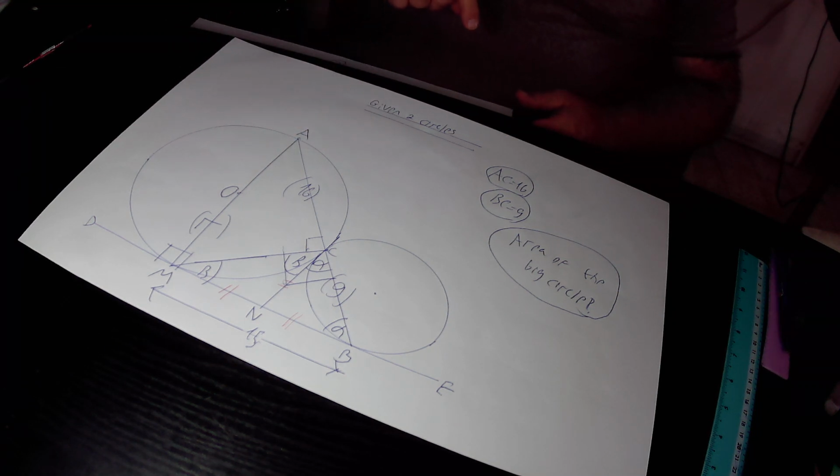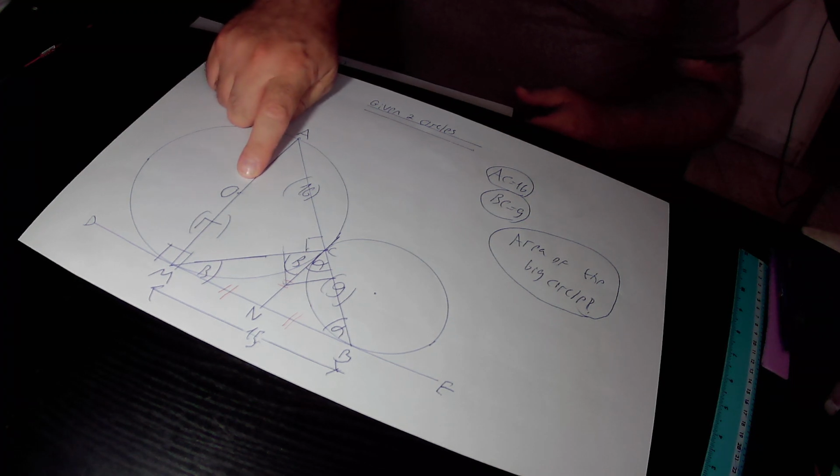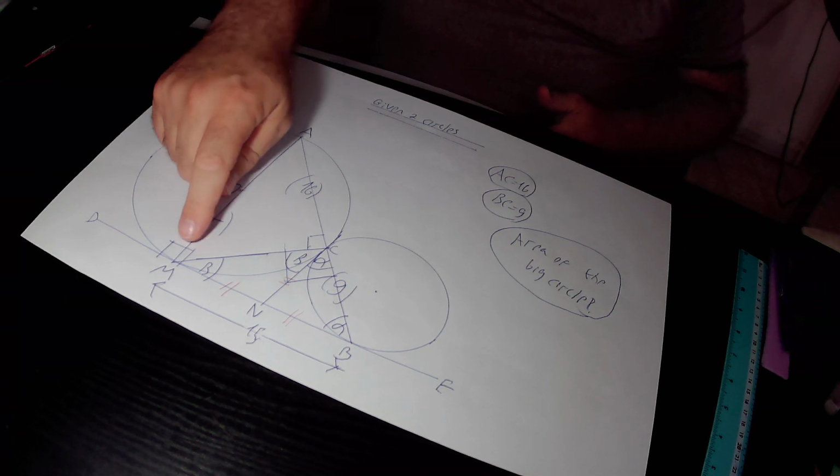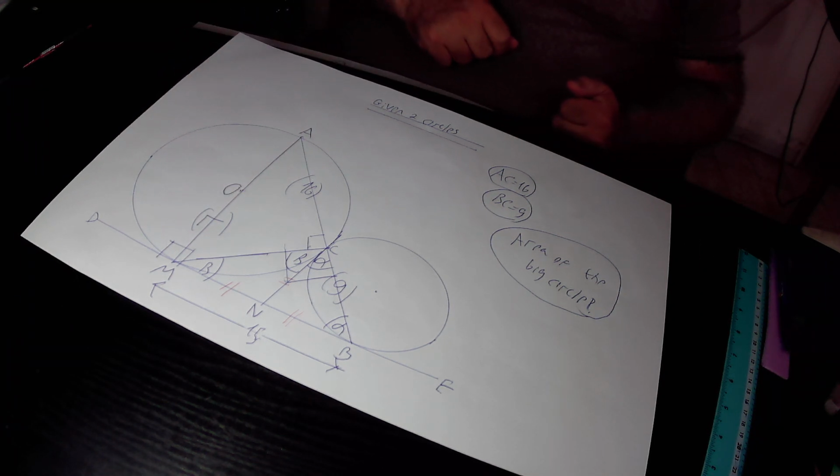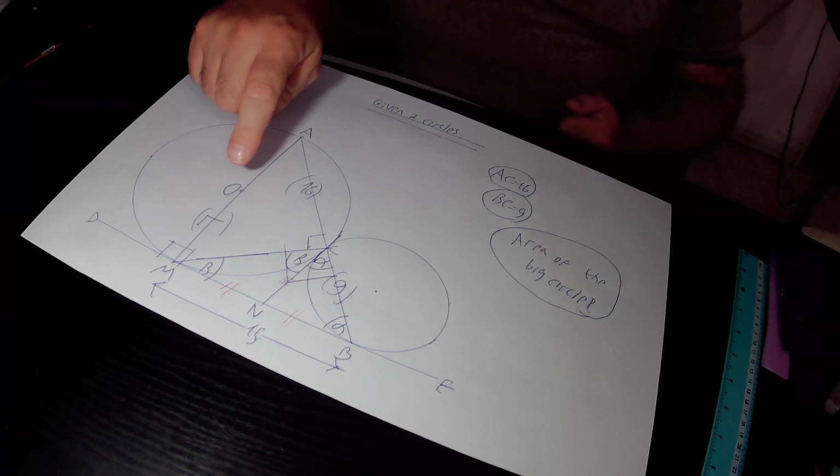We define the center of this big circle as O. Point O is the center of this big circle, point M is a point of the circle itself, therefore OM is the radius of this big circle. We define the radius as R.